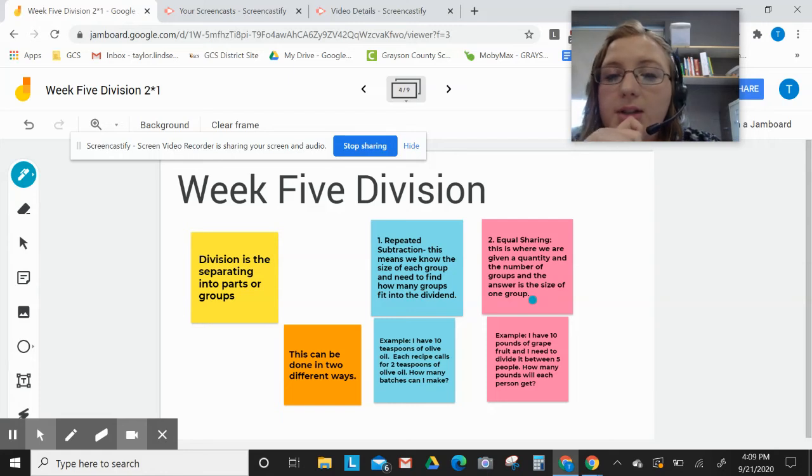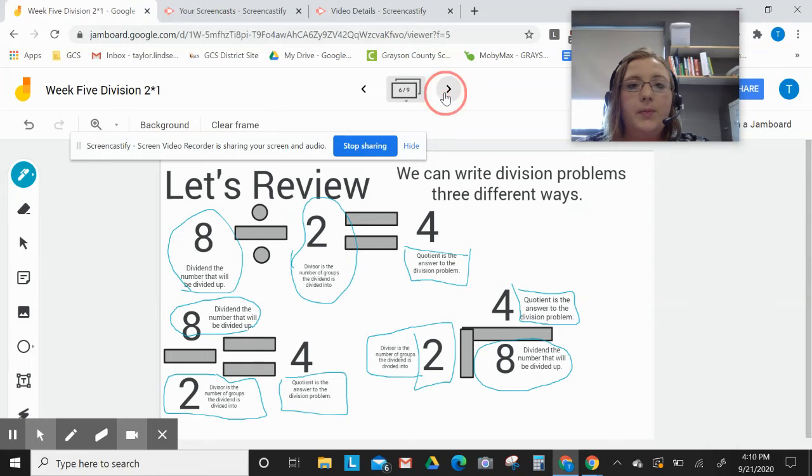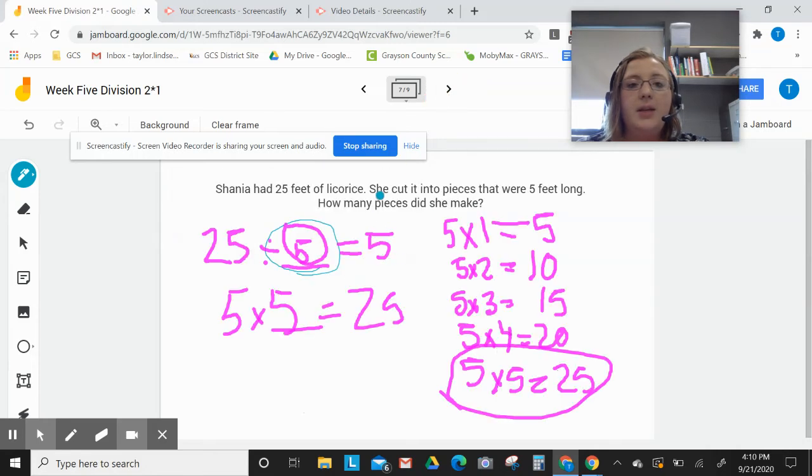I want you to think about it for a second. We were finding the number of groups. You're correct. So when we go back, we were trying to figure out how many pieces or groups, so we left the groups place open, or the divisor open.